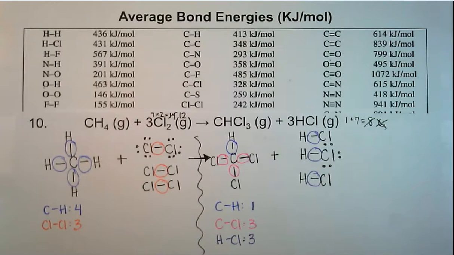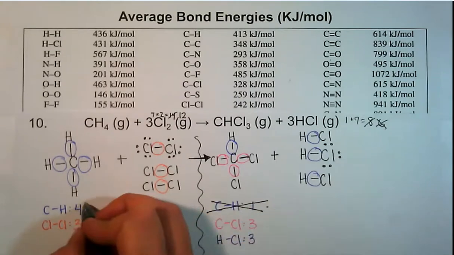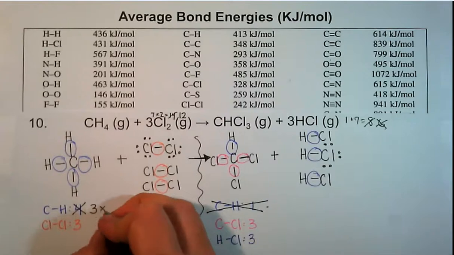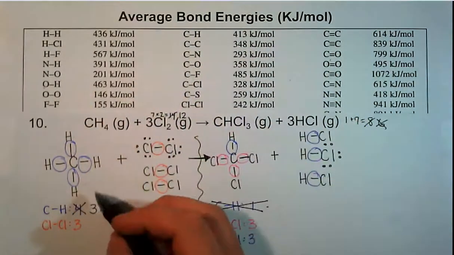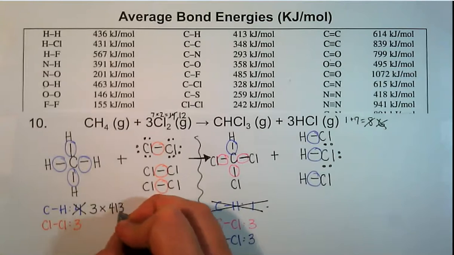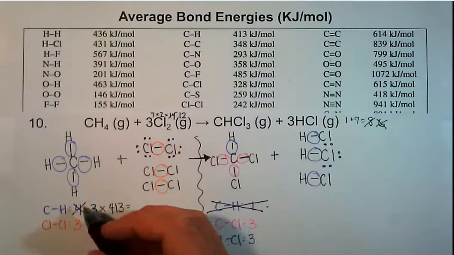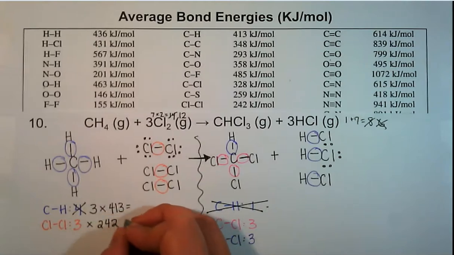Alright, so now let's add up some numbers. Carbon-hydrogen, I have 1 on the product side and 4 on the reactant side, so that 1 can cancel out completely. Now I only have 3 that I need to add up. Let's do that first. Carbon-hydrogen, let's find that in our chart, 413. 3 times 413, and chlorine-chlorine, 242, 3 times 242.